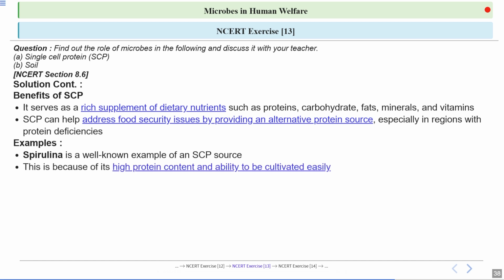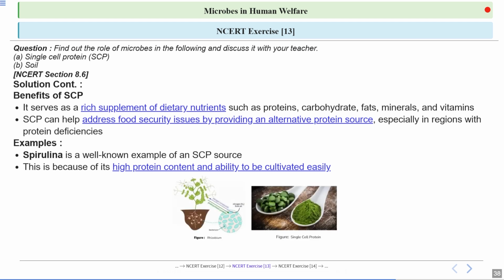This is because of its high protein content and ability to be cultivated easily. So spirulina is a superfood. It is very nutritious. Here you can see in this image single cell proteins which are obtained from spirulina. Clear?